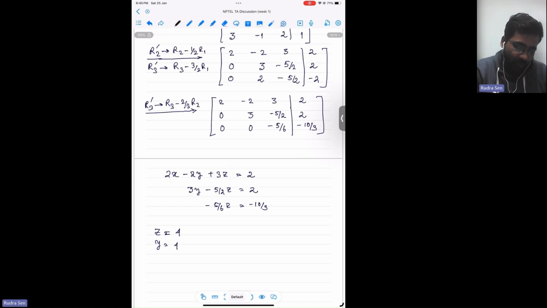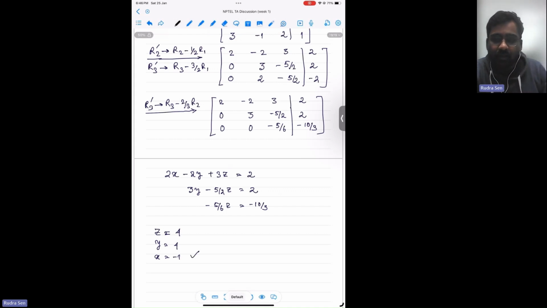If y equals 4 and z equals 4, it would be 2 minus 12 plus 8 divided by 2, which is minus 1. x equals minus 1. So this is basically the answer of this equation.